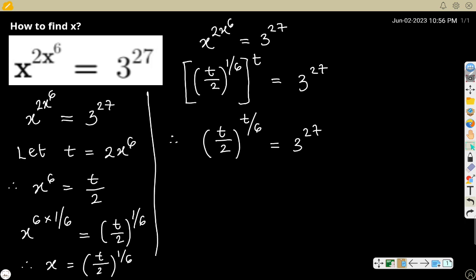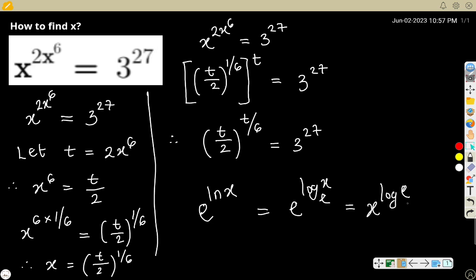So if I now have e raised to power ln x, for example, this is the same thing as e raised to power log x base e. According to law of logarithm, which we have shown in logarithm, if you have logarithm of this form and the bases are equal, you can actually switch the letters.